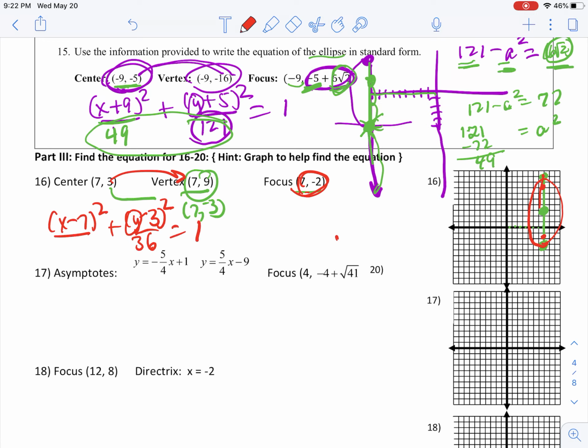I've already done it, so let's do it again. We know that the focus went from 3 to -2, and so that gives me down 5 units. And so for some reason, to get the focus, somebody counted up 5 and down 5. What would have made them do that is they would have subtracted these two numbers and gotten 5 squared. So I get 9 is equal to a squared, or is that 11?